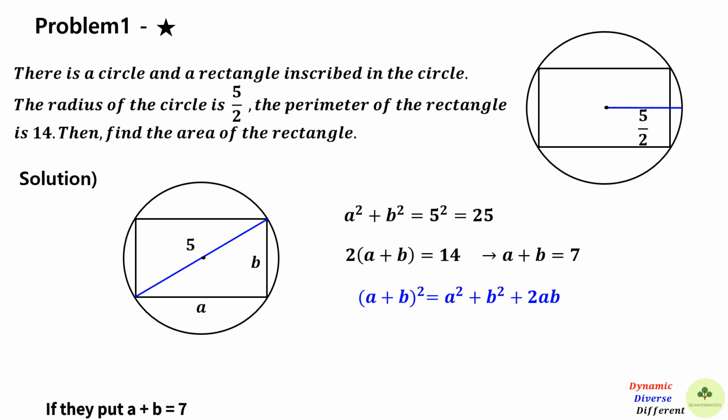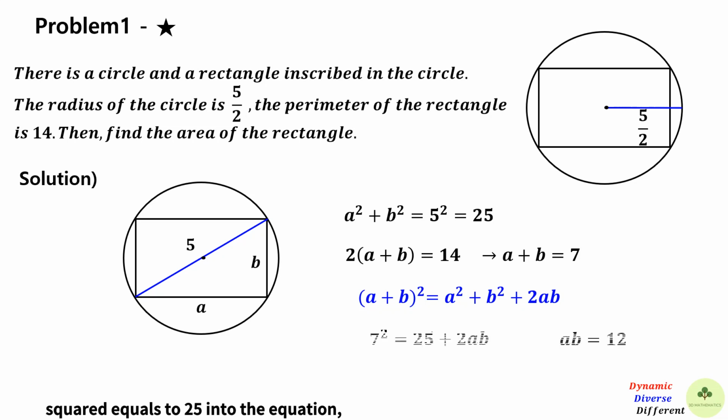If we put a plus b equals 7 and a squared plus b squared equals 25 into the equation, we get ab is equal to 12. So the area of the rectangle is 12. This is the solution to the problem.